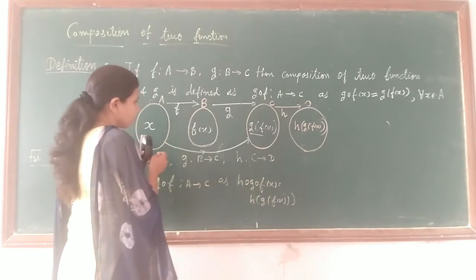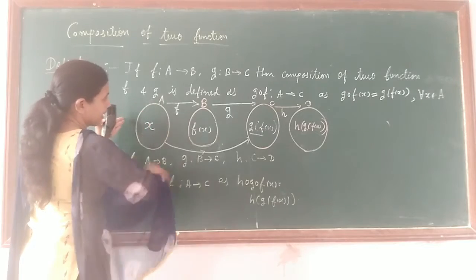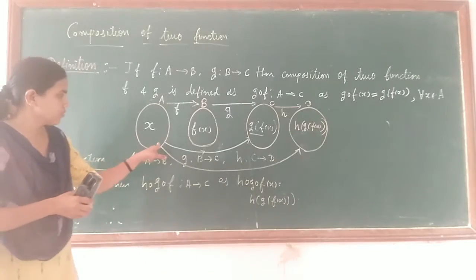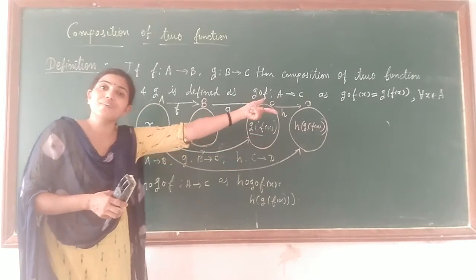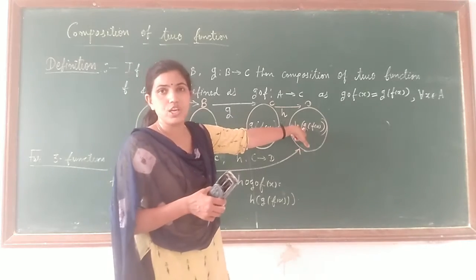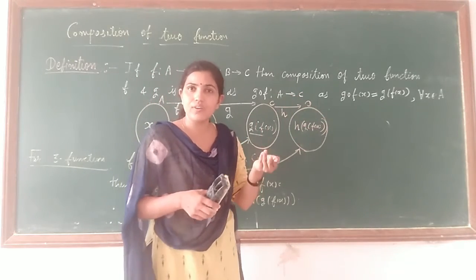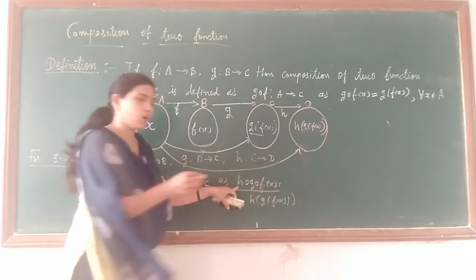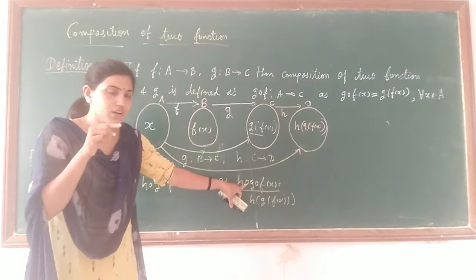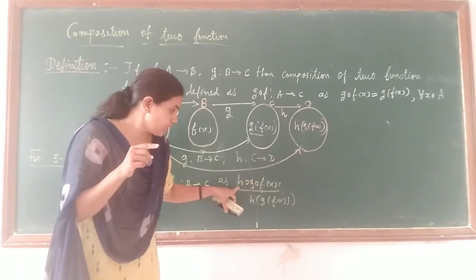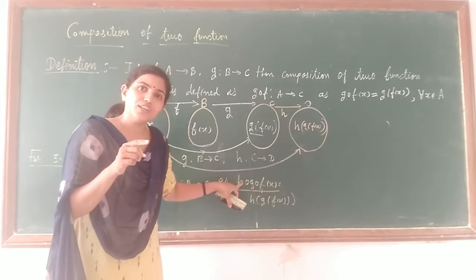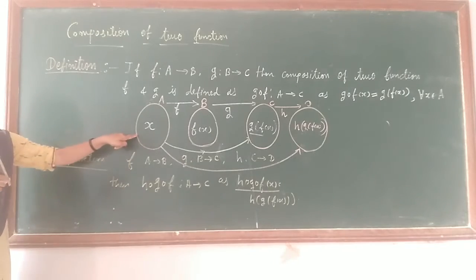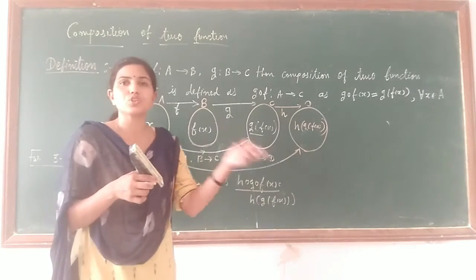So what can we define as one function from A to C? One function from A to C, and we define h of g of f of x. Similarly, we write h o g o f of x equals h of g of f of x, where x belongs to the set A. This is known as a composition of three functions.